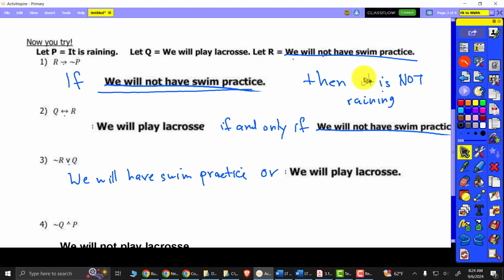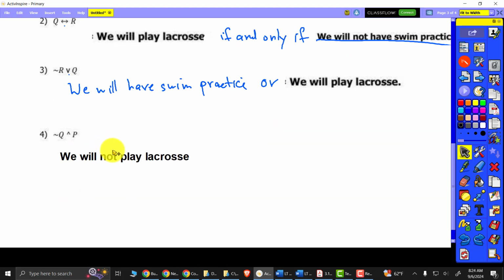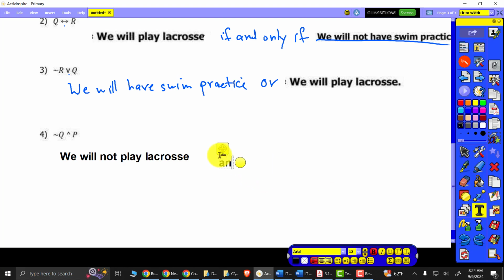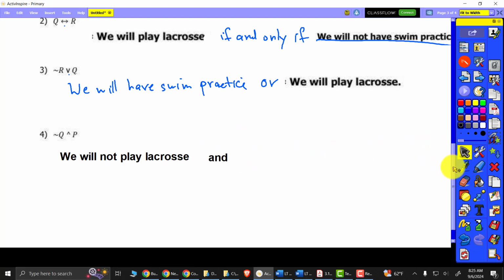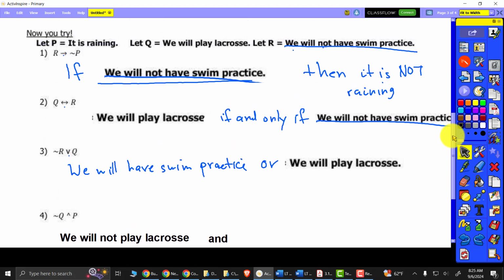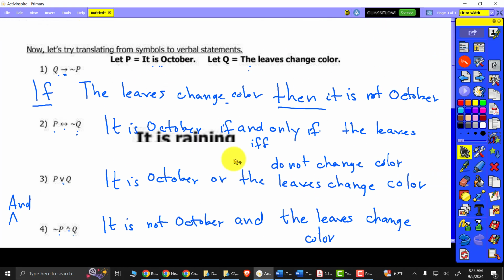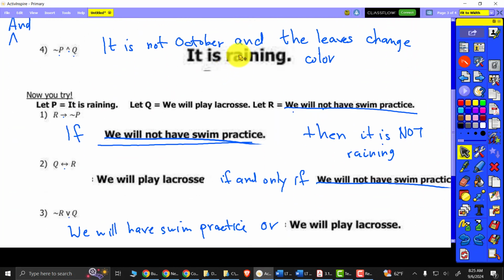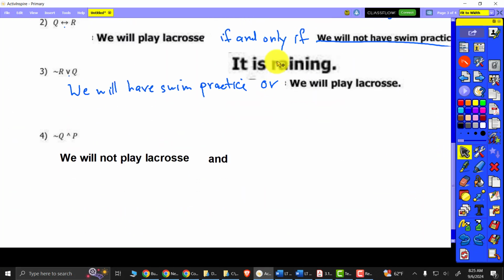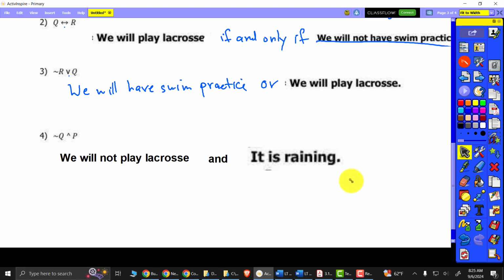Q is we will play lacrosse. We have to negate that. We will not play lacrosse. That symbol is what? And or R? Yes, it's and. And then P, what's your P again? We just have to make sure we are copying the right statement. P, it is raining. So we can just exactly copy this and then paste it, and we have our answer. All right, there we go.